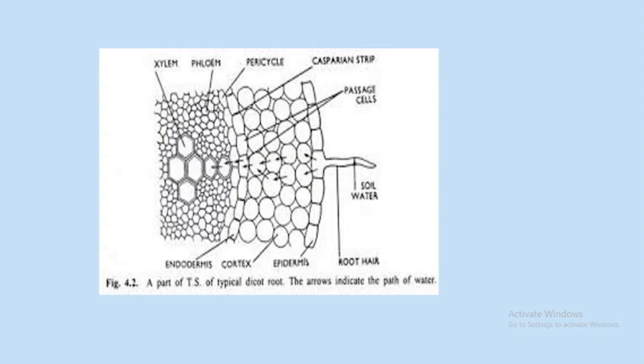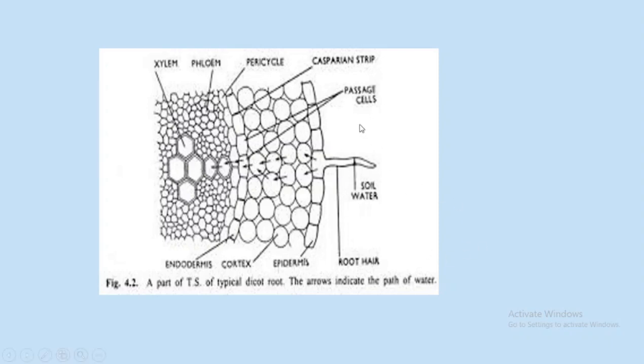Now here the diagram will show the TS of the dicot root, and it shows the path of water when it absorbs water. Now we see all these steps one by one. So first, this diagram shows the root hair.